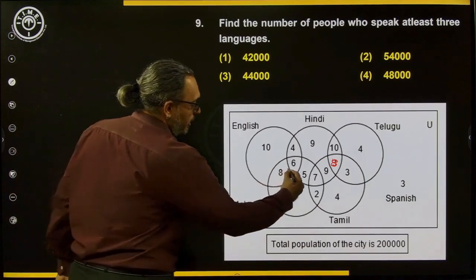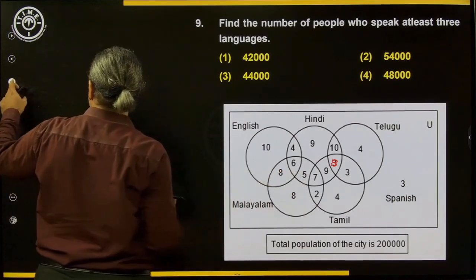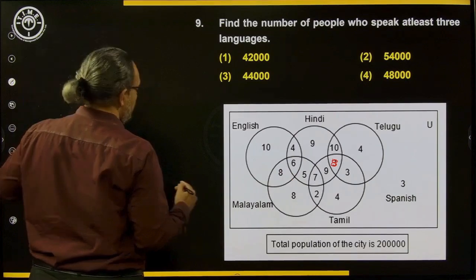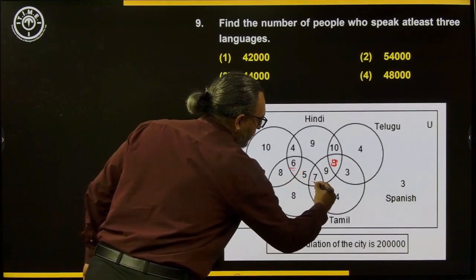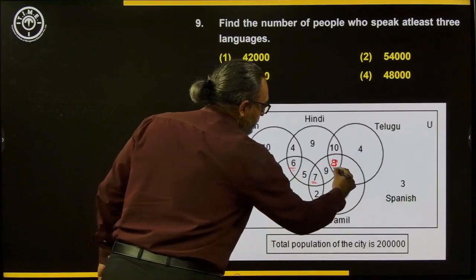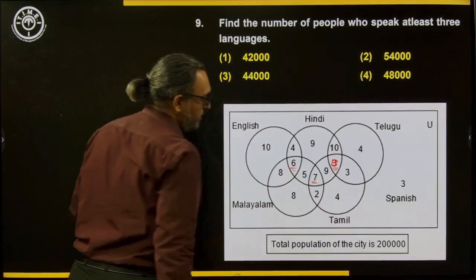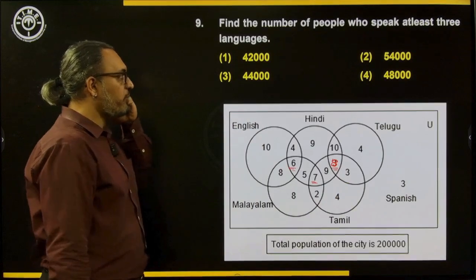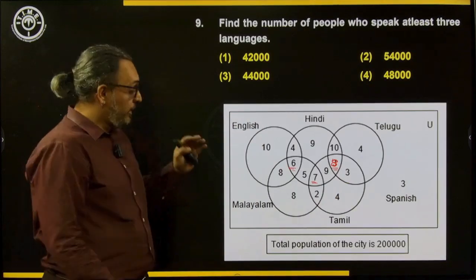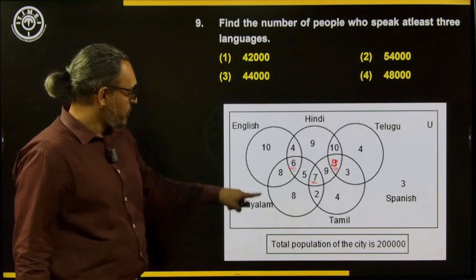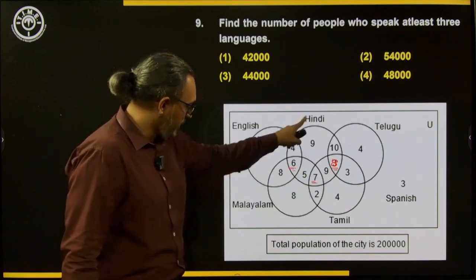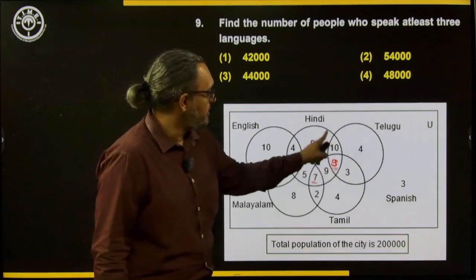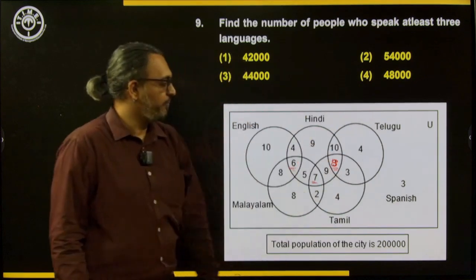So basically you have these numbers. See, this 6, this 7, and then this 8. These are the 3 numbers that are having 3 languages. So 6 is English, Hindi, Malayalam. 7 is Hindi, Malayalam, Tamil. 8 is Hindi, Telugu, Tamil.